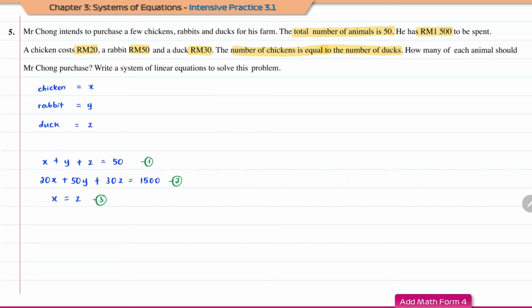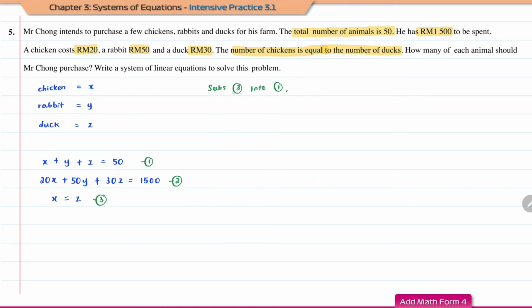So here I'm going to solve these equations using the substitution method. From equation number 3, we have x as the subject of the formula. So I'm going to substitute 3 into 1 and 2. First, substitute equation 3 into 1.